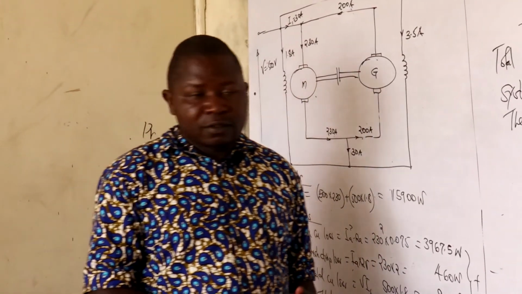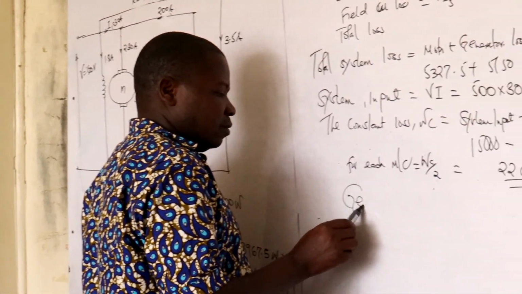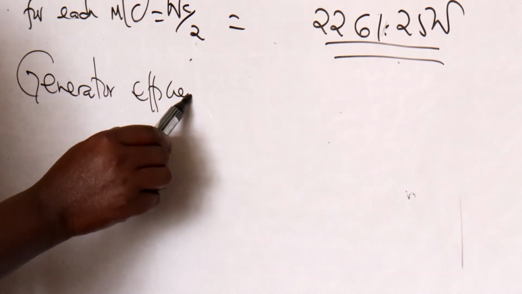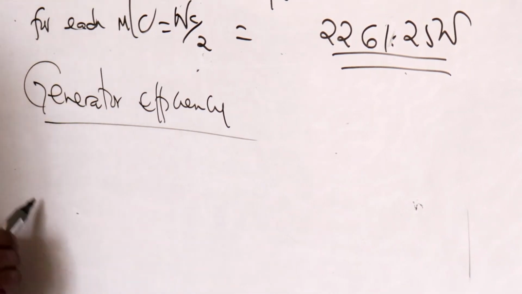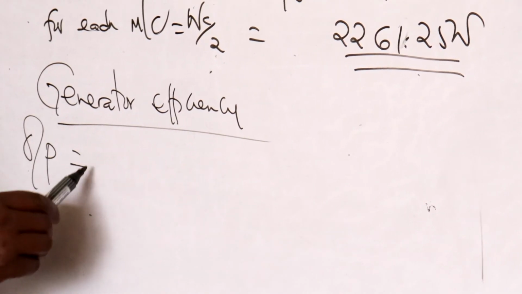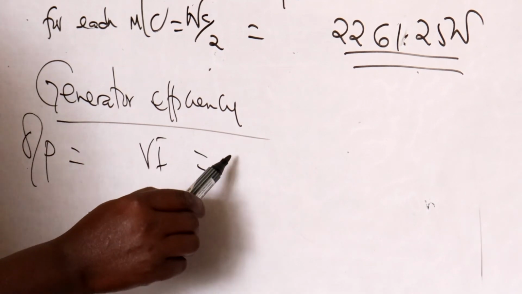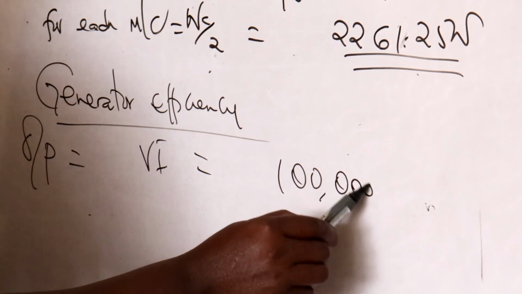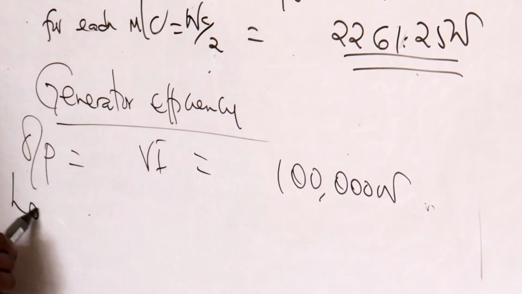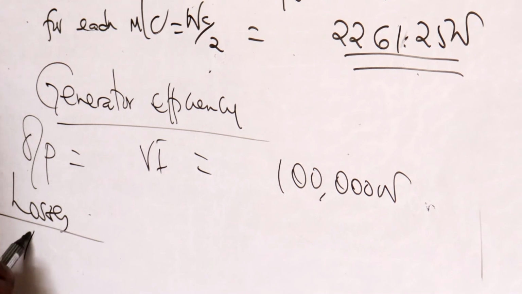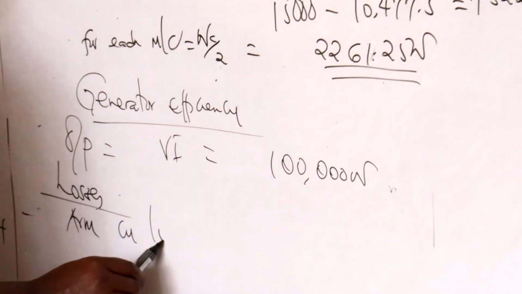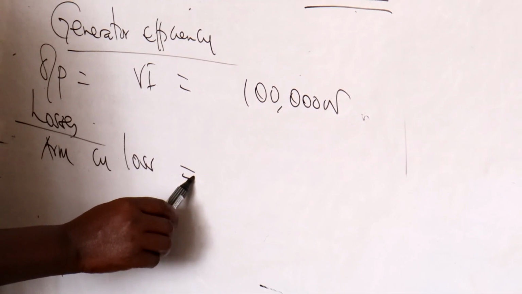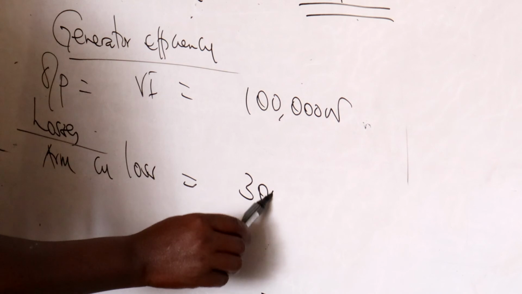In the generator we talk of generator output, VI, which is 100,000. Losses: armature copper loss, which is 3,000.